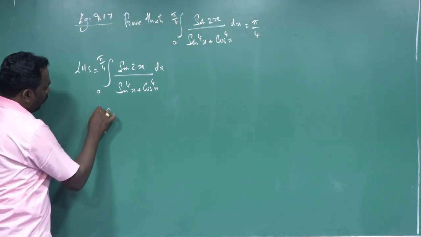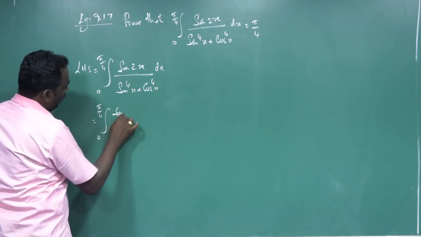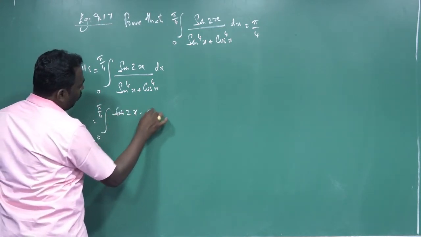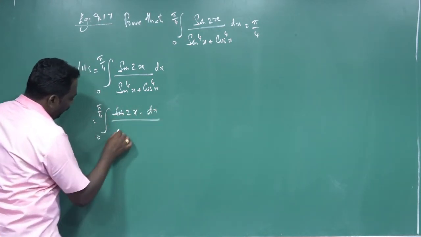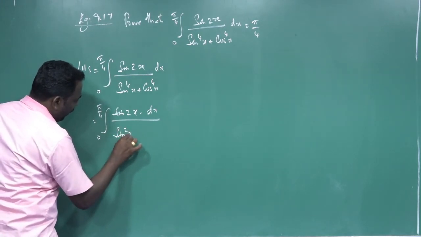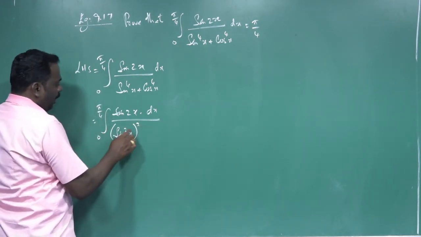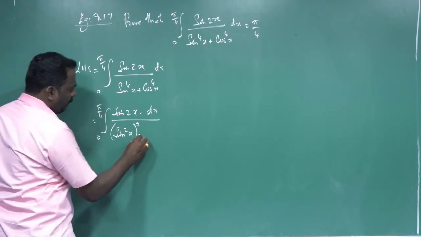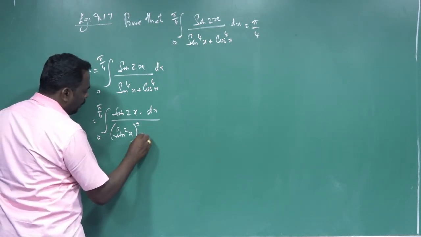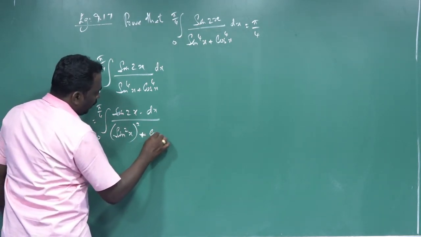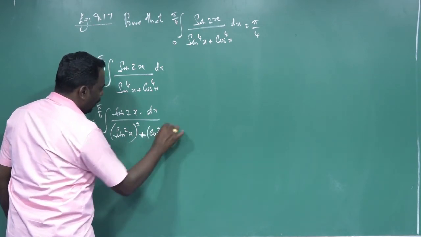This equals integral 0 to pi by 4 sin 2x into dx as it is by (sin square x) whole square.